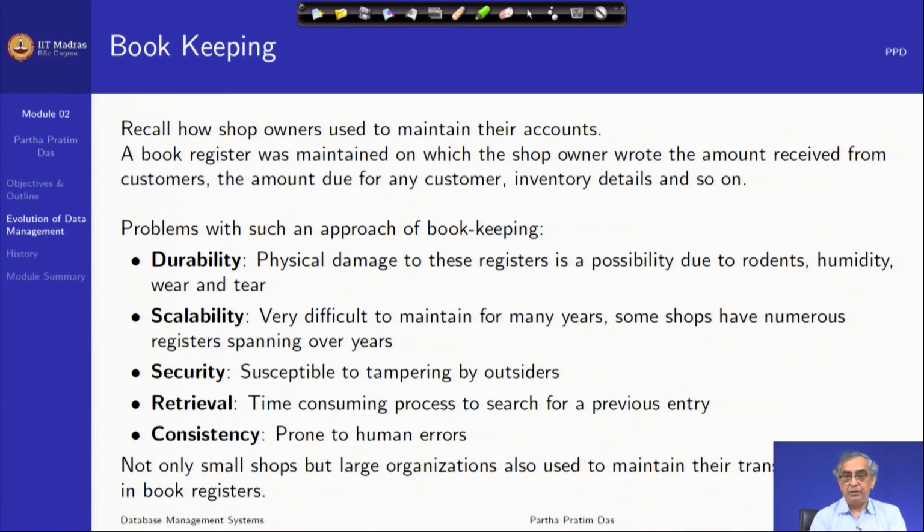What are the problems? There are several. One, durability is a problem. Physical records can very easily get damaged, with rodents, termites, humidity, wear and tear, fire. There are a lot of ways physical records might get destroyed. Scalability is very difficult to maintain.